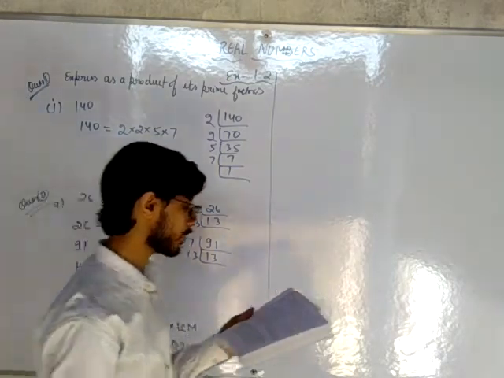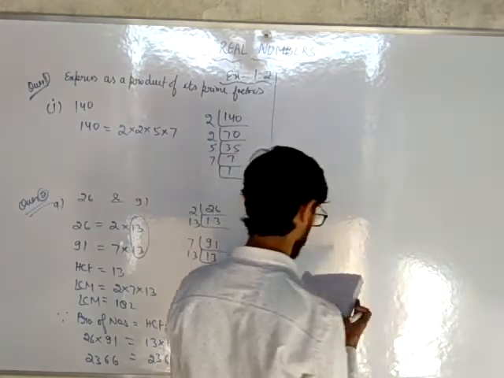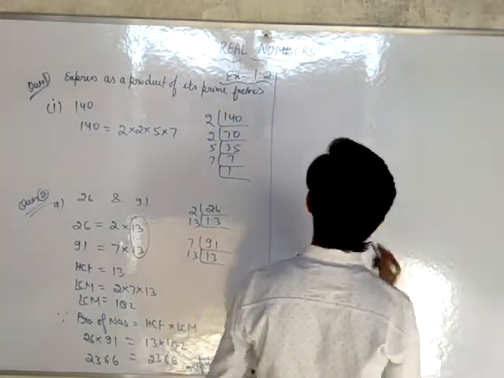Question number 5c: check whether 6 to the power n can end with the digit 0 for any natural number n.